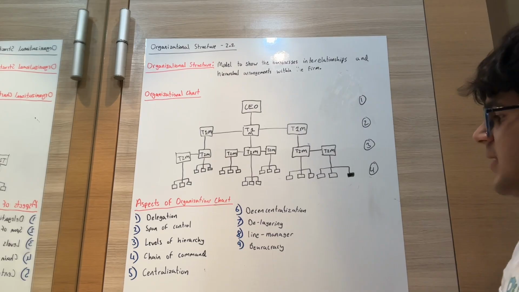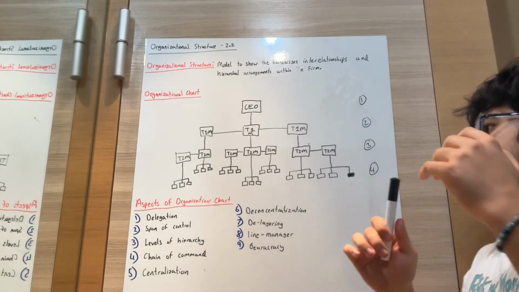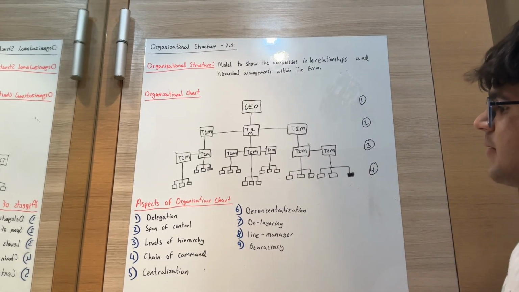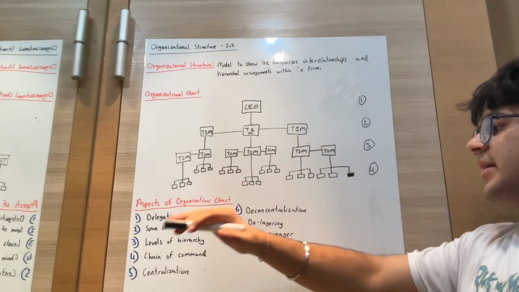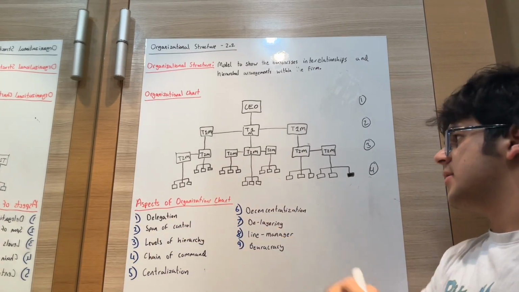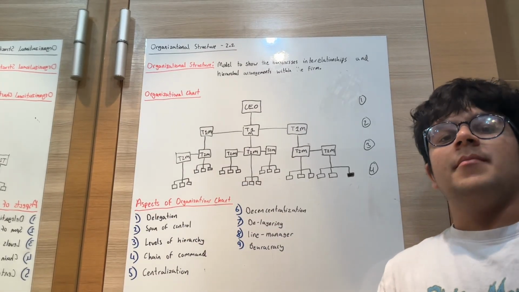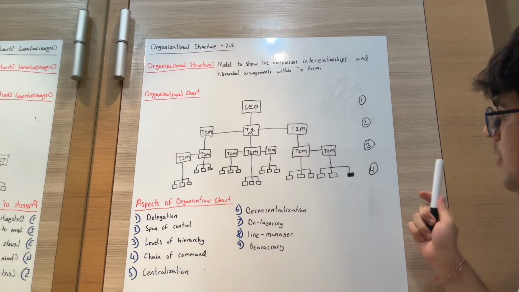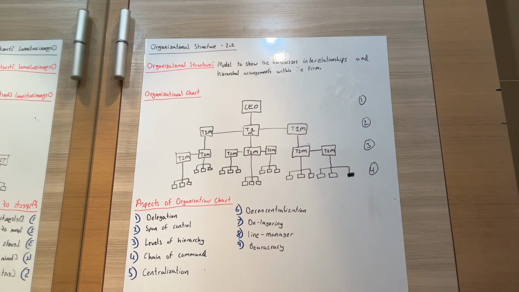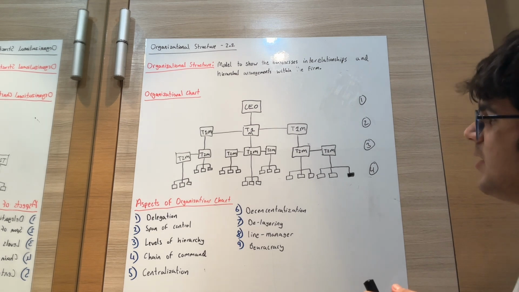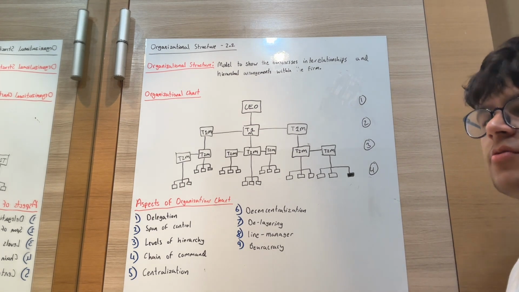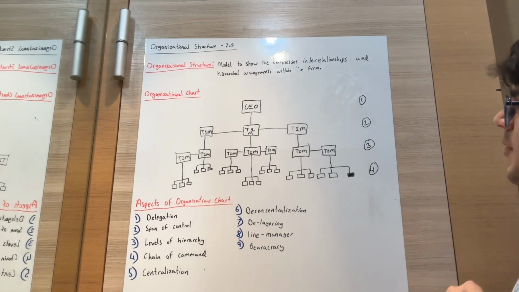Okay, delayering. Now, delayering is, once again, we look at our levels of hierarchy. So it's kind of in the name. When you're evaluating your organizational chart, you kind of spot a discrepancy and you'd be like, hold up a minute.